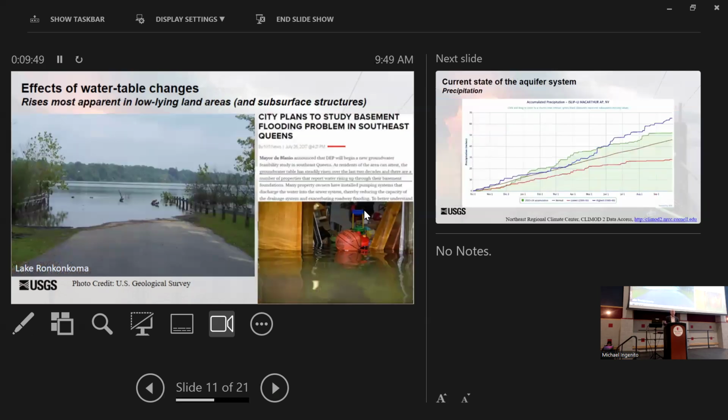Conversely, when we're in a period of above normal groundwater levels or a higher water table, where would we expect to see that? Outdoors, we'd certainly expect to see it in low-lying land areas adjacent to these groundwater-fed lakes, streams, ponds, wetlands.